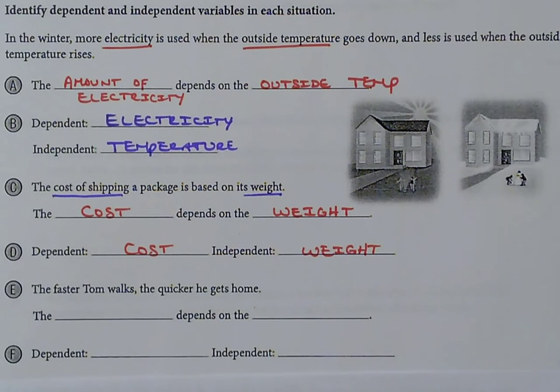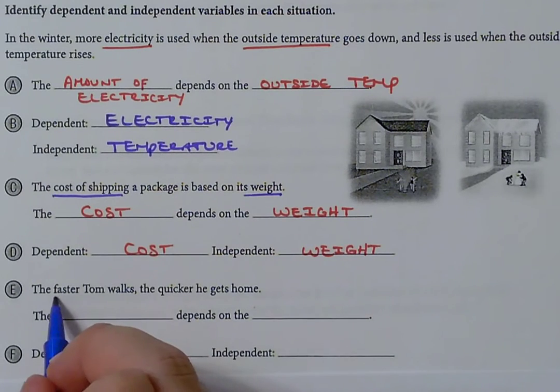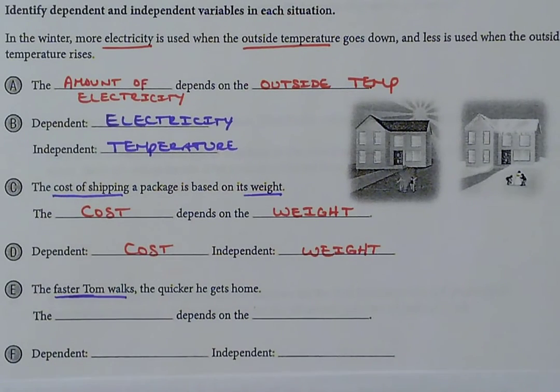All right, last one, and I can keep this one up here. The faster Tom walks, the quicker he gets home. So my two different variables in this case are the speed at which Tom walks and the time he gets home.